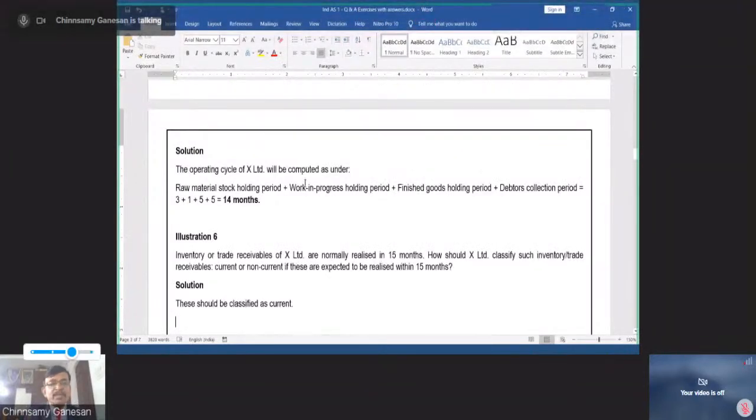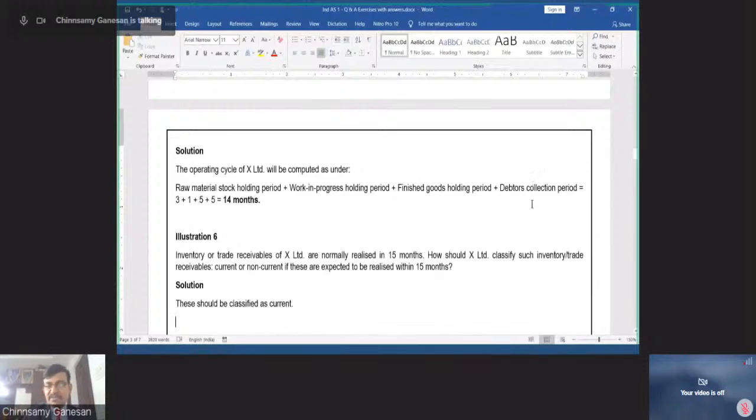So very simple. What is the total period you are supposed to have your raw material from cash? It is sitting in raw material stage for some period. That is added, that is 3 months. Work in progress has to be there in work in progress before it gets converted into finished goods, 1 month. And finished goods holding period, even if I have converted into finished goods, that cycle is also required, but I have to hold it as minimum stock, that is 5 months.